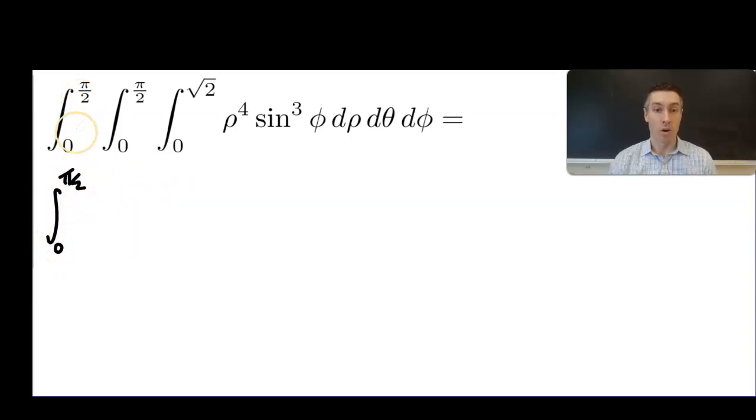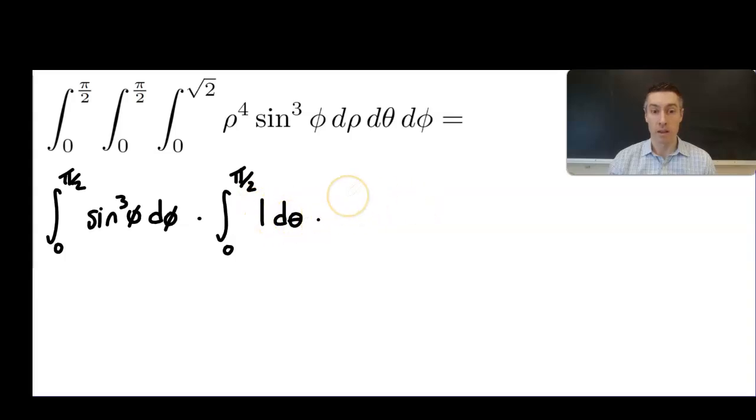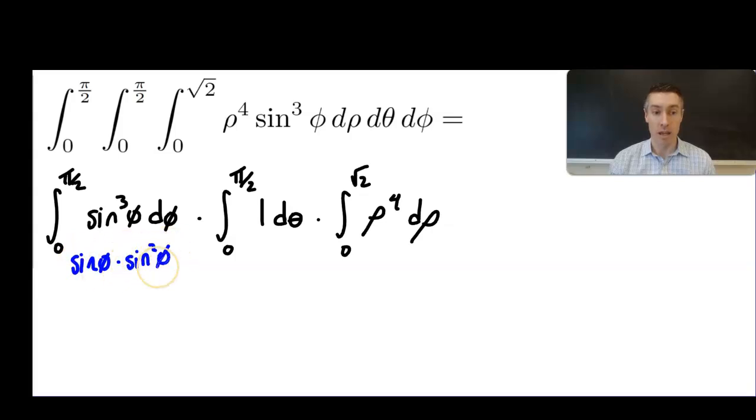So we'll go phi first, so that's going to be sine cubed phi d phi from 0 to pi over 2. And then theta, so integral from 0 to pi over 2 of 1 d theta. And then the integral from 0 to the square root of 2 of rho to the 4th d rho. All right, so a sine cubed integral shows up here. So if we remember the process, factor out a sine phi times sine squared phi.